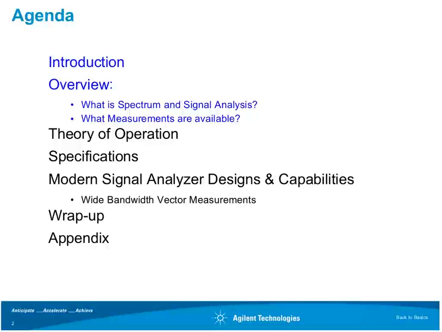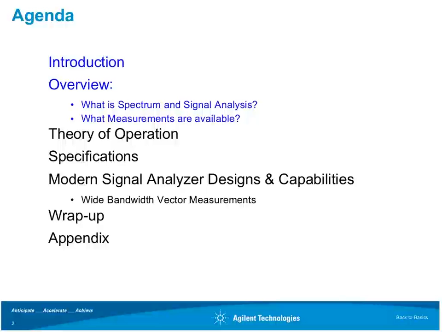All right, so let's get started. Here's our agenda for the next hour. We'll start with a quick introduction and do a simple overview to review what spectrum and signal analysis are and what kinds of measurements people might make with these instruments. Then we'll spend a little time on the theory of operation, the architecture of how we actually put these instruments together and how they work.